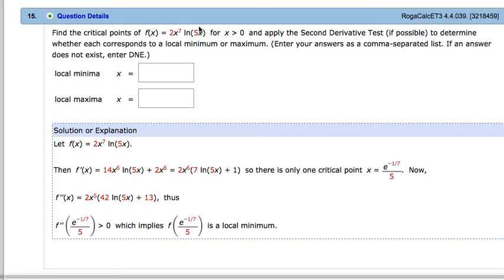I was looking at this one, why is 0 not a critical value? Because we set 2x to the 6th equal to 0, but the domain of natural log, remember, is x strictly greater than 0. So x equals 0 is not in the picture, which might cause some people to get it wrong. So when you set this other term equal to 0, you're going to get that.